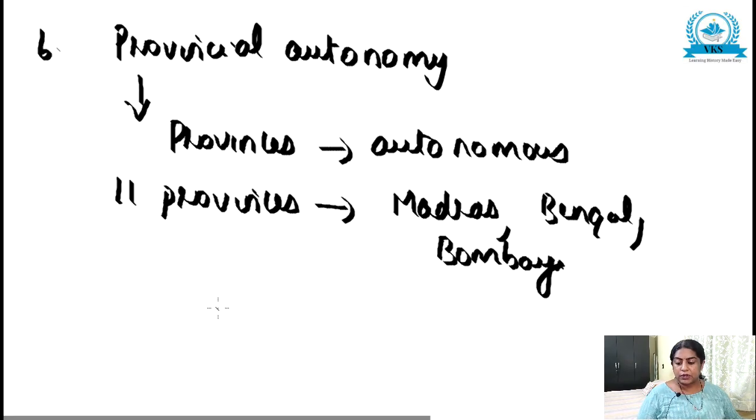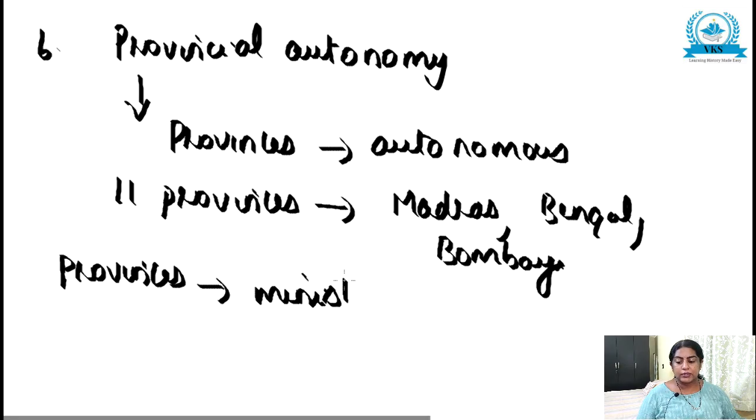And provinces were administered by ministers. These provinces, which were given autonomy, were administered by ministers, and all subjects were placed under charge of ministers. And the legislative relation between central government and provinces was regulated according to three lists of subjects provided under the Act.